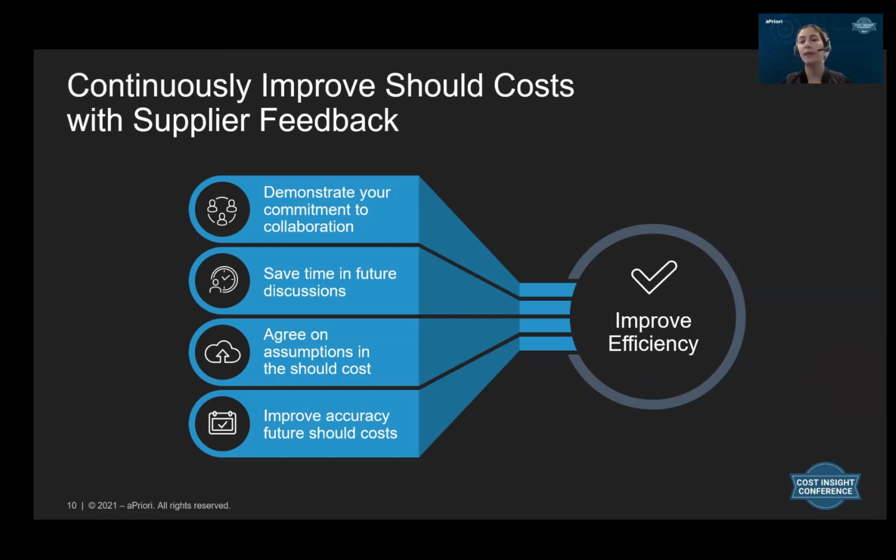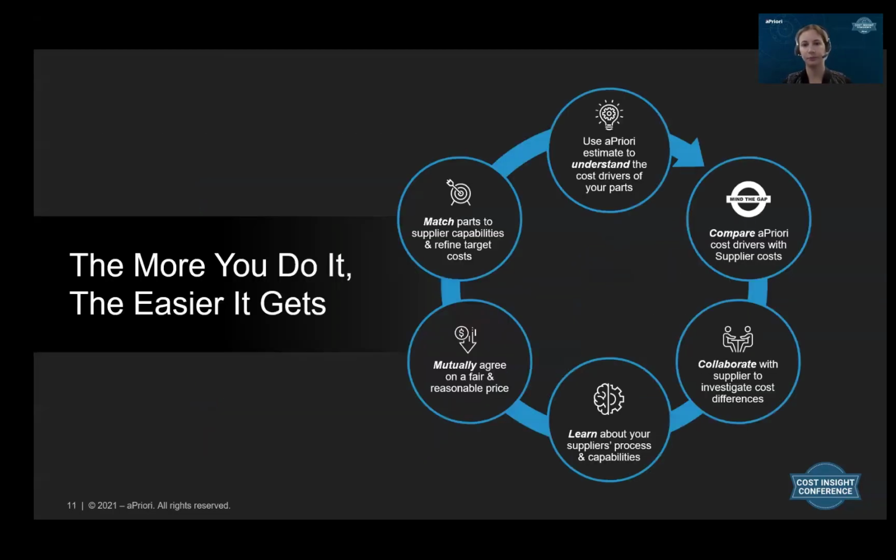Three, you and the supplier get a step closer to agreeing on the validity of the model, which means four, your future should costs for their parts will be better. And all of these will lead to faster discussions in the future. So don't be afraid of uncovering new information because it's a critical part of the cost collaboration process. Like many other new skills, the more you do it, the easier it gets.